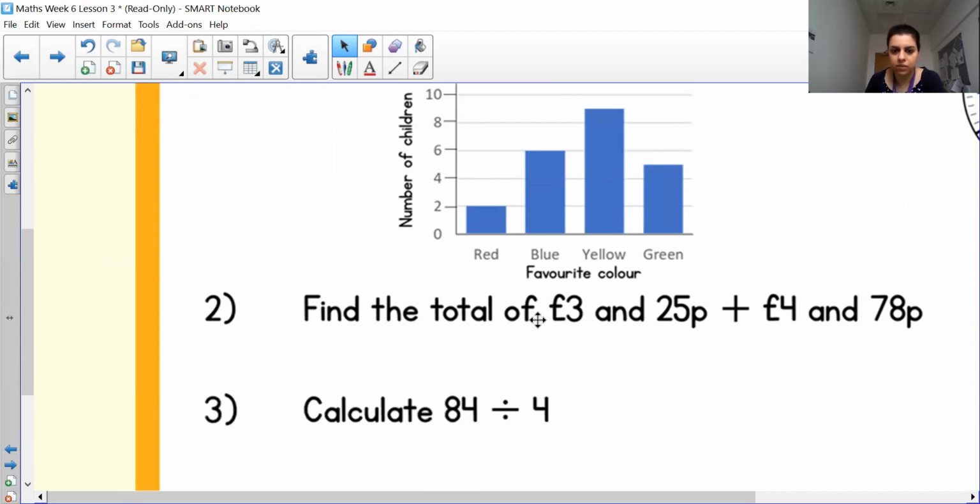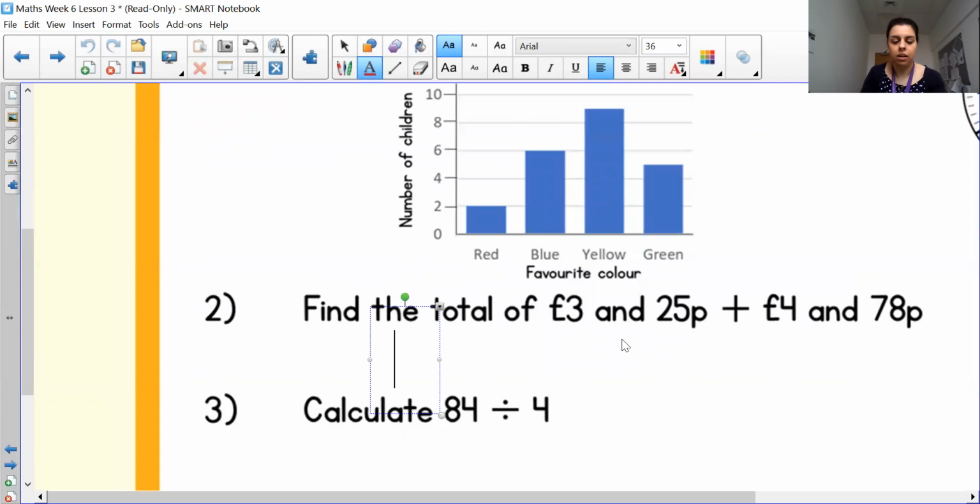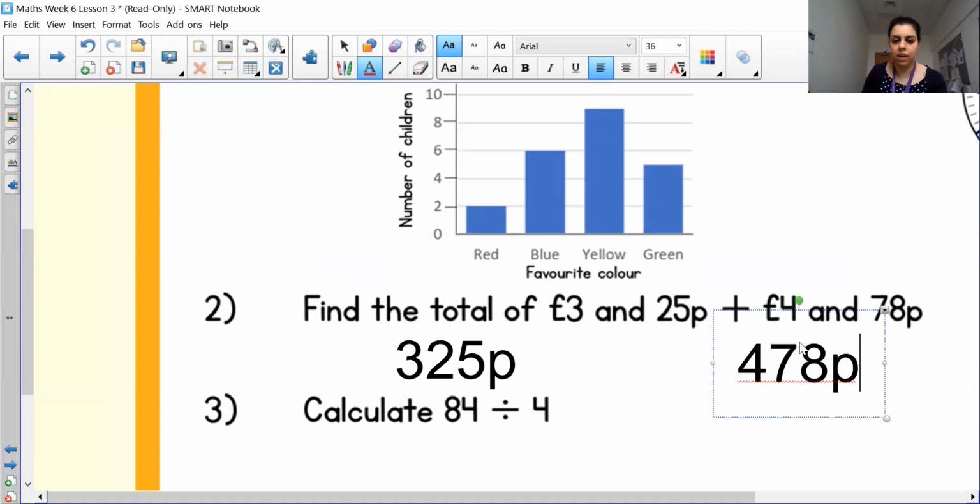Our next question says, find the total of £3.25 plus £4.78. If we turn these into pennies, £3.25 is 325 pence, and £4.78 is 478p. So that can help you.